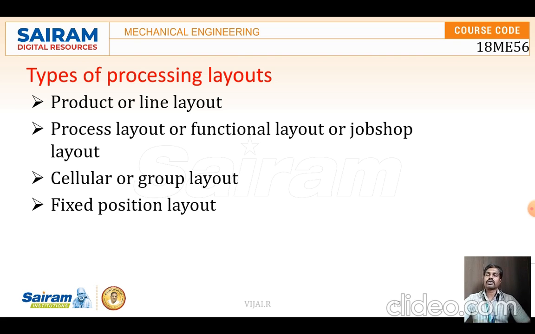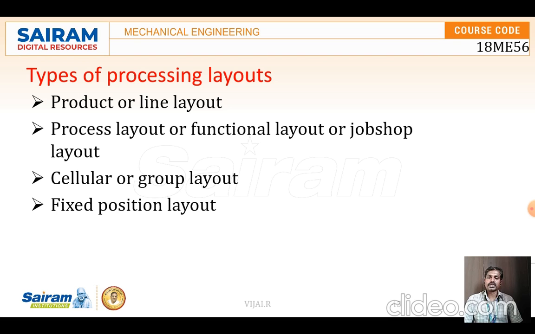Product or line layout. Here, first, it depends upon the product we are making. For the product, a layout is decided. We design a layout only for a particular product. As I said, if cement is my product, then for cement manufacturing I have to decide where the raw material has to come in, what the next sequence of processes is, and finally it goes out as cement.